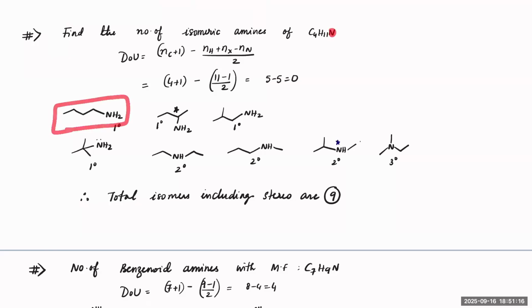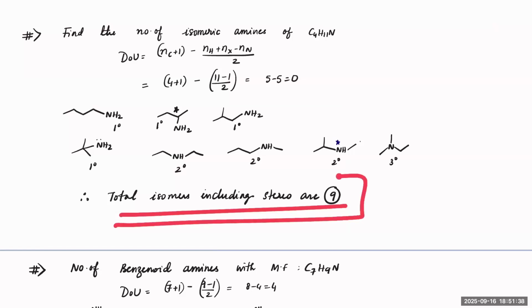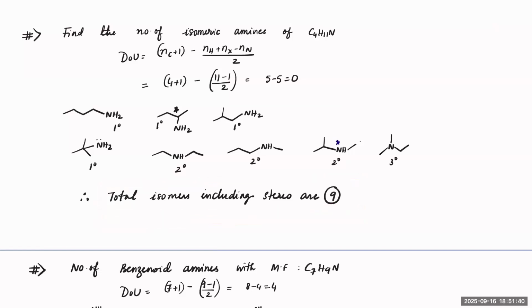You can make four different primary amines by changing the alkyl group's positions. We can make three secondary amines and one tertiary amine. And when we make the primary amine, you can see here is a chiral center. So the total number of isomers includes 9. Correct? These include the stereoisomers.